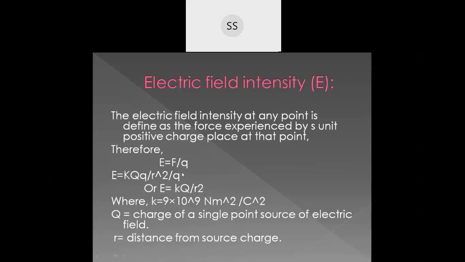By cancelling out the smaller q, the final result is E equals K Q divided by r square. So this is the electric field intensity in terms of the source charge, and the value of K is 9 times 10 to the power 9 Newton meter square per Coulomb square.